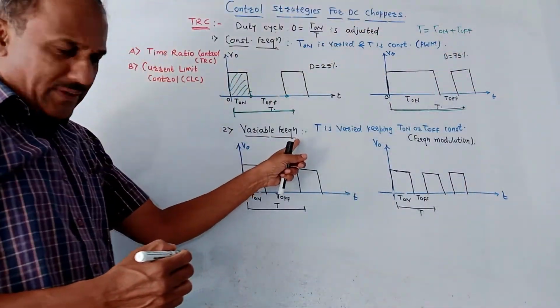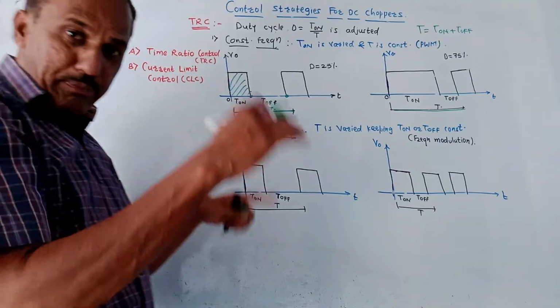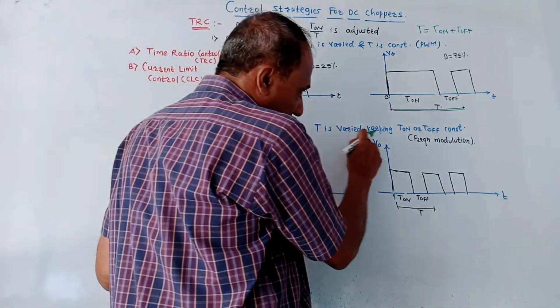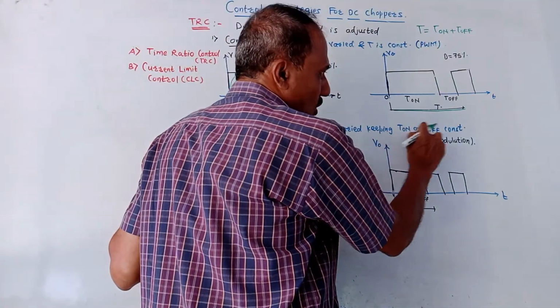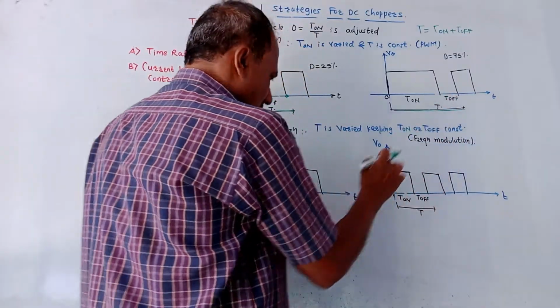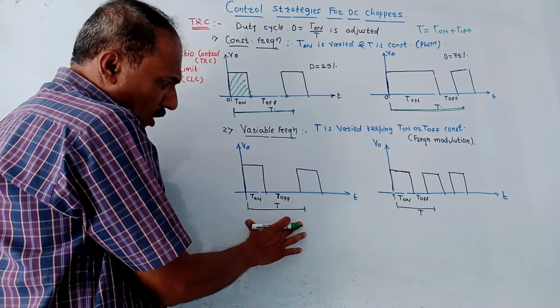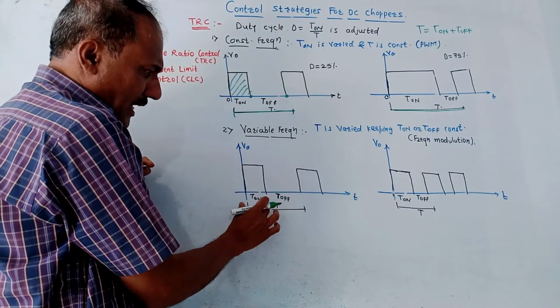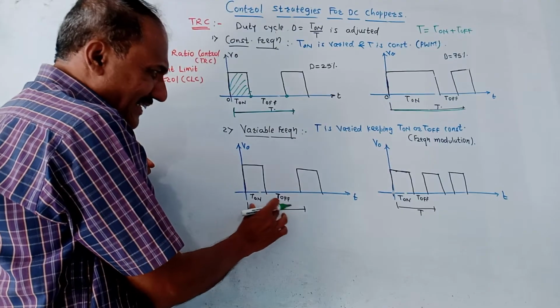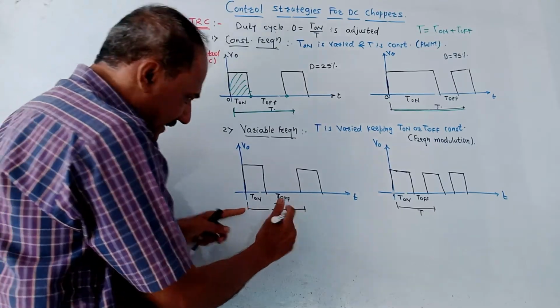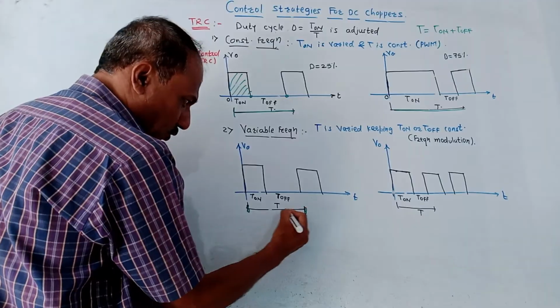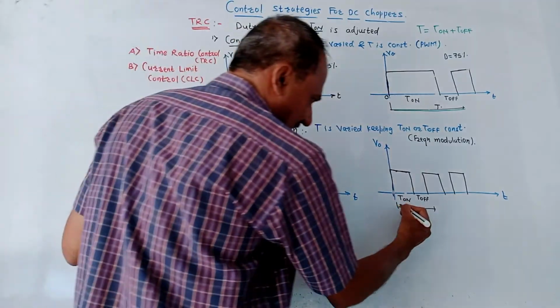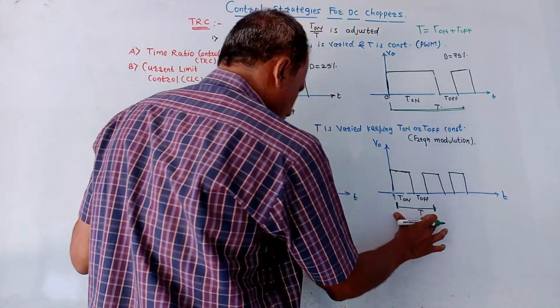Second is the variable frequency method. As the name indicates, frequency is varied. That means we have to vary T, keeping either T on or T off constant. In this case, T on is kept constant as shown in this diagram, and T is varied. Look, from this point to this point is the total T. So in the second diagram, this T is reduced.